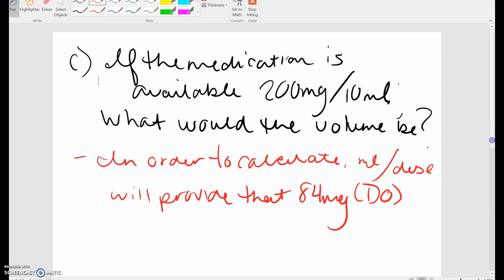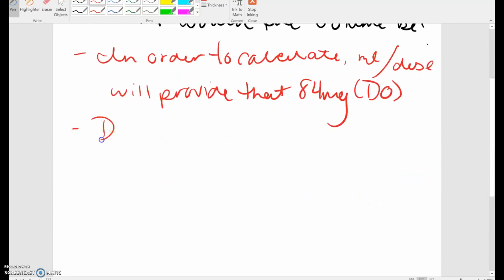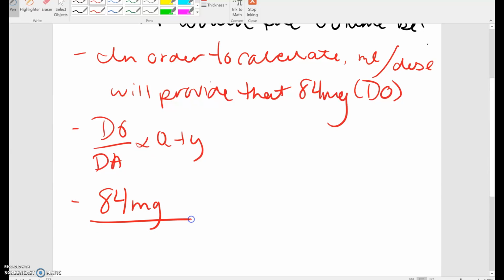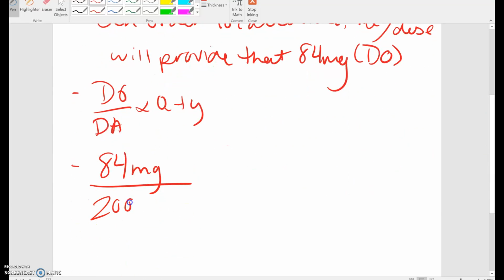Well, in order to calculate that, you're going to use your formula method where you take dose ordered over dose available times the quantity. Your dose ordered, you calculated to be 84 milligrams. The dose available is what's in stock, which is 200 milligrams.